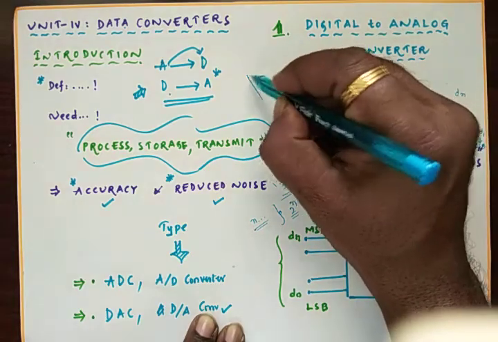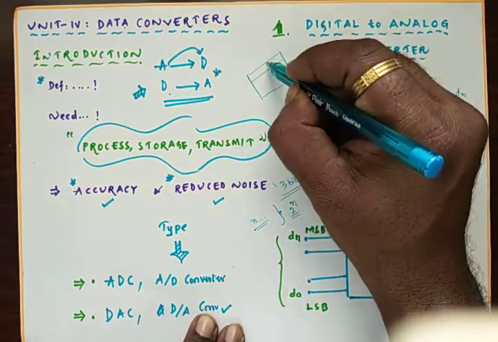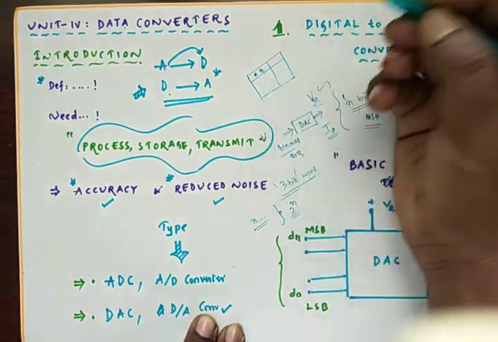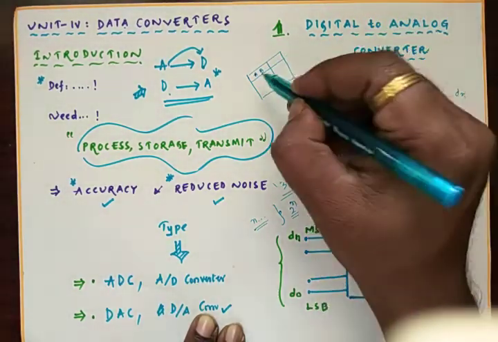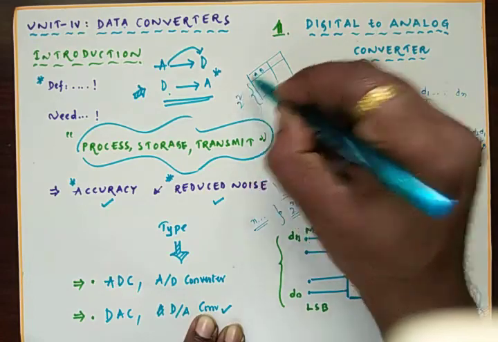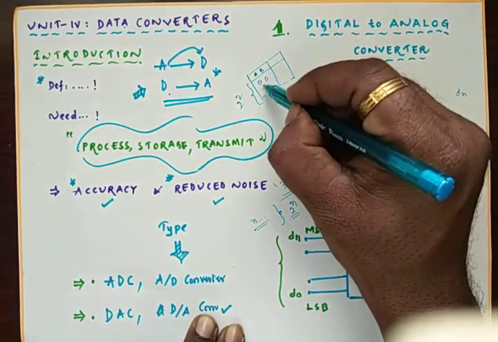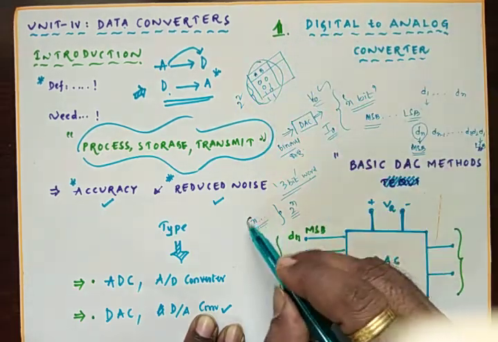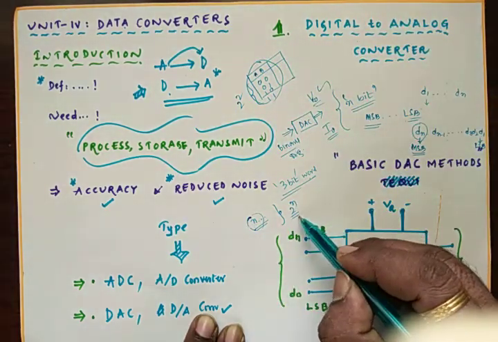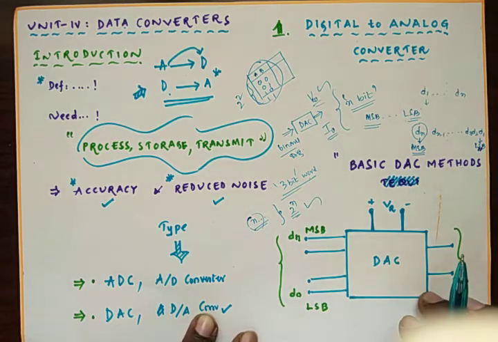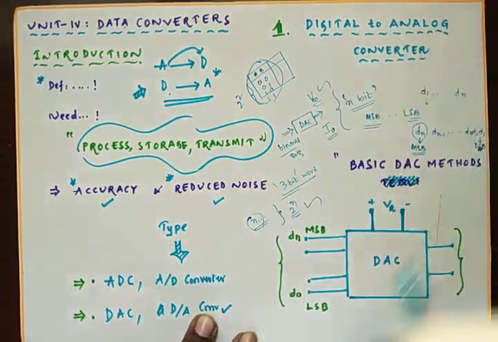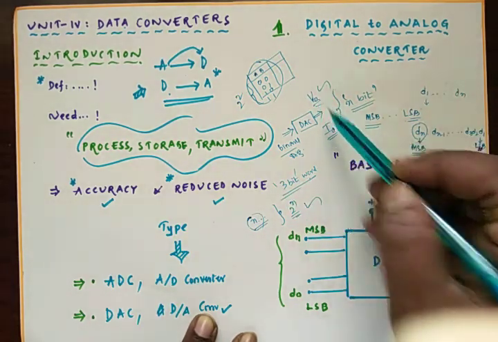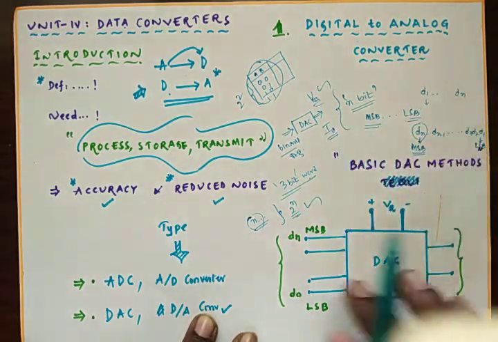All these things we have studied in the starting units of the digital system. For example, if we have only two bits, A and B, we can have 2 power of 2 combinations, such as 00, 01, 10 and 11. So if the number of bits is n, we can have 2 power of n combinations of input signal, and these combinations will be applied as input, such that the corresponding output voltage or output current can be provided.